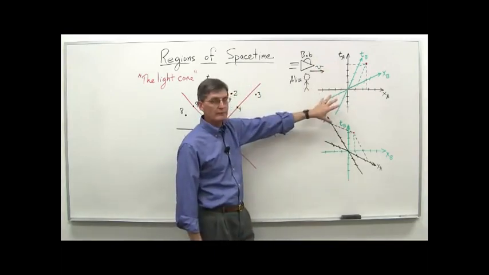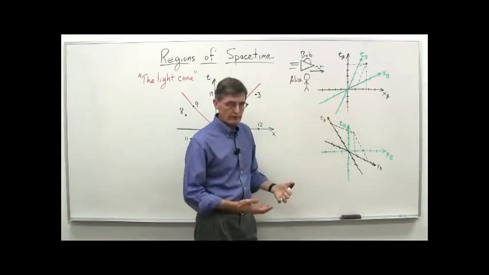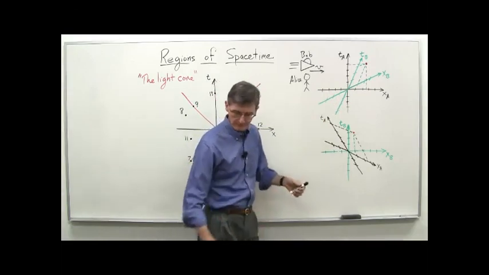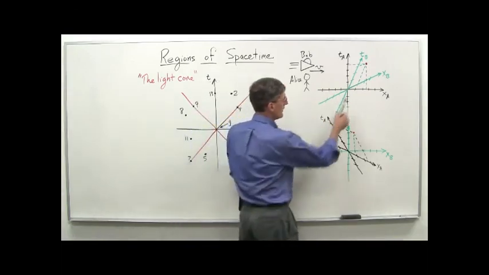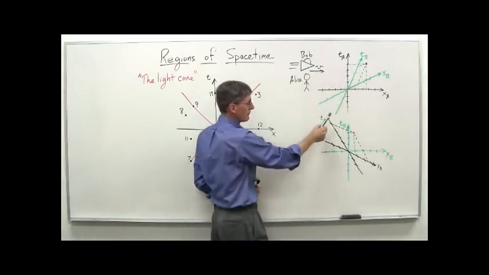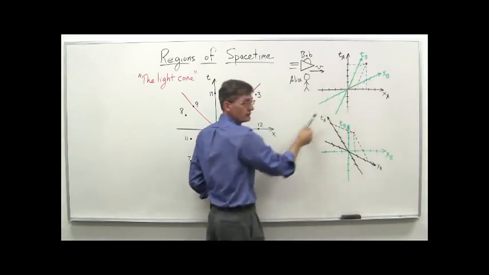And then we put Bob's axes on there, and it's important to see they're parallel again. In other words, Bob's lines of same location, the green lines here, are these lines here. Here's his t sub b axis. So this is the line of same location for x sub b equals 0, of course.